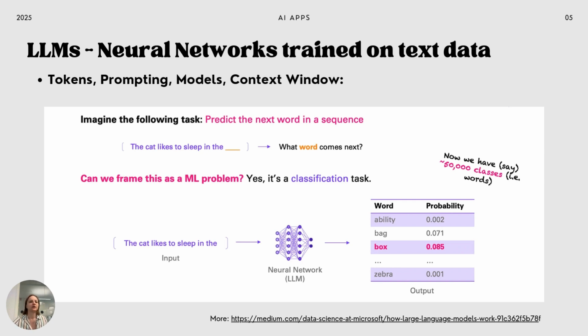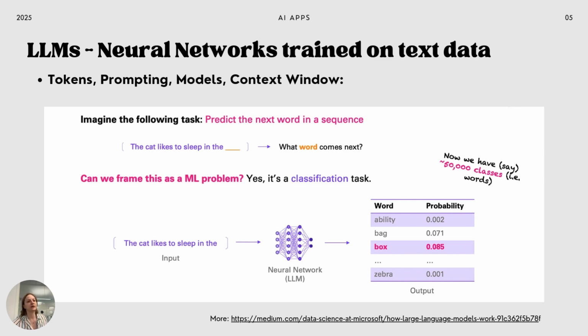If you want to go more deep into this, here is a very good article from a data scientist at Microsoft explaining LLMs in very simple terms. So you'll get this link, and I suggest you look at it.